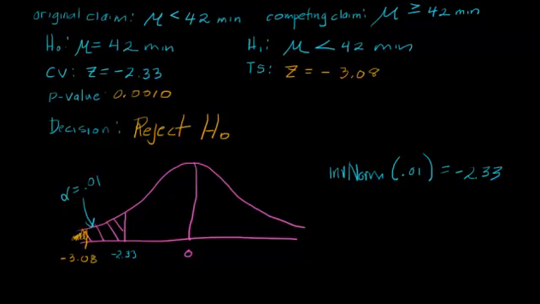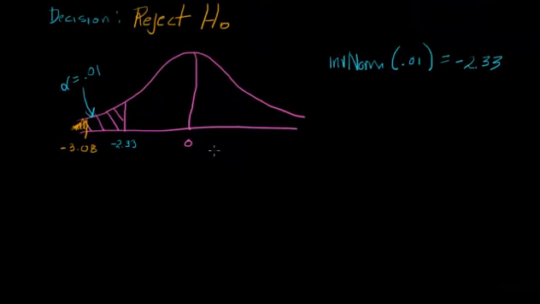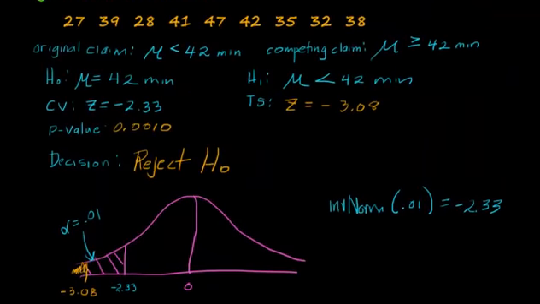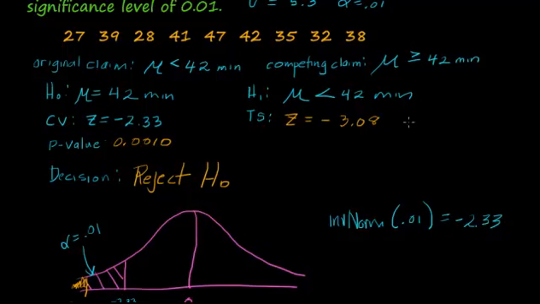Okay, now all we need to do is write our conclusion. Does the original claim contain the condition of equality? No, it does not. The condition of equality was with the competing claim. Did we reject? Yes, we did.